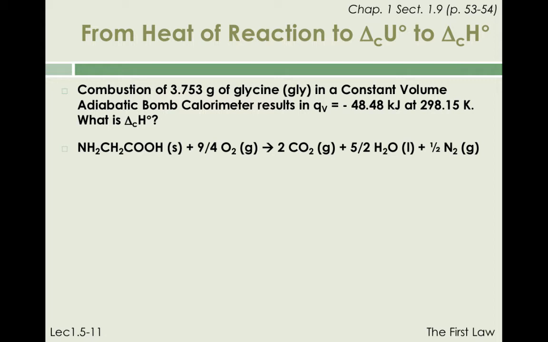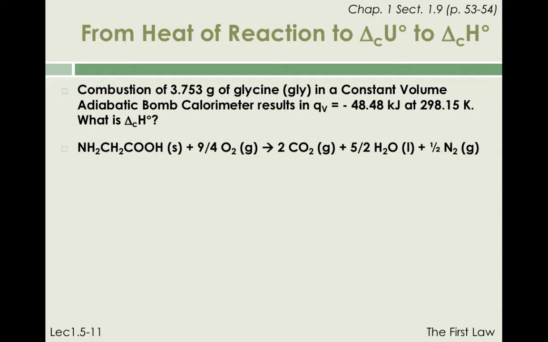First, we write the combustion reaction equation for 1 mole of glycine solid. Glycine has 2 carbon atoms, so we should form 2 moles of carbon dioxide gas. Glycine has 1 nitrogen atom, so we should also form half a mole of molecular nitrogen gas.